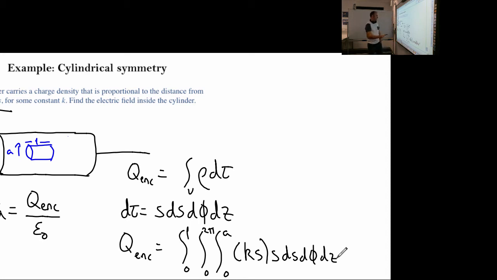So now we do this integral. Integrate with respect to z, we're going to get L. Integrate with respect to phi, we're going to get 2 pi. And integrate with respect to s, we're going to have s cubed over 3.